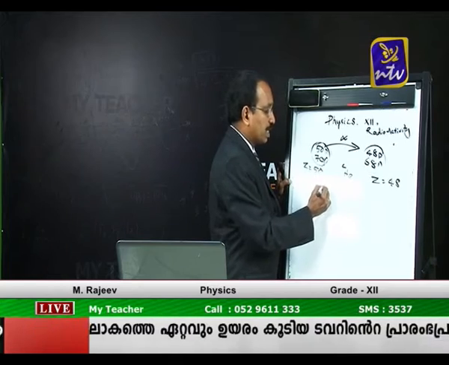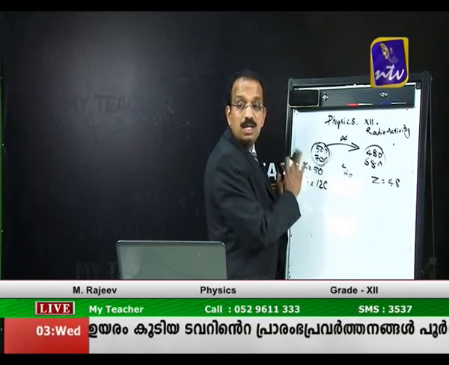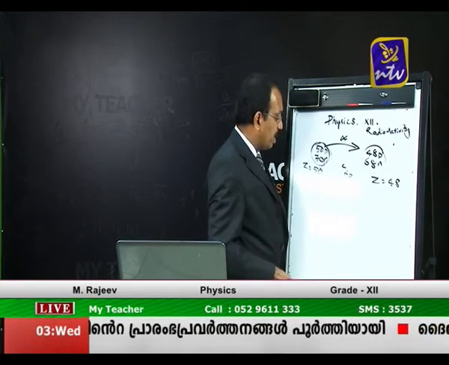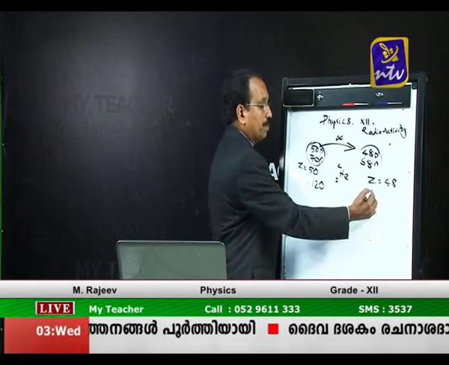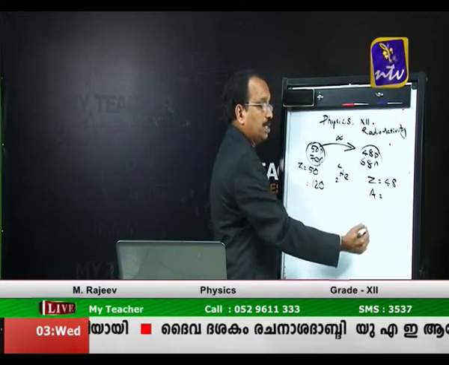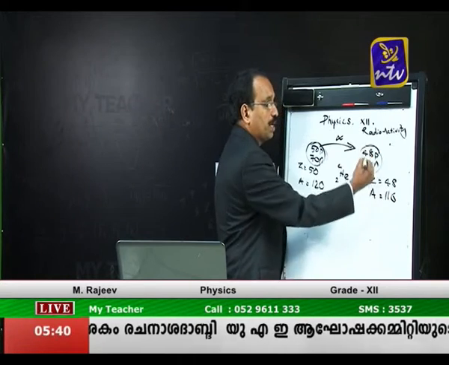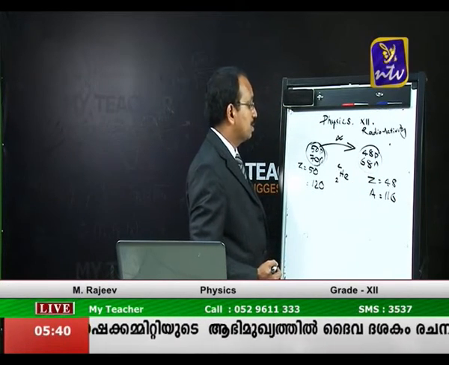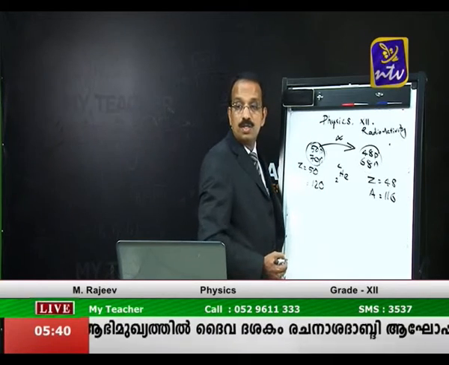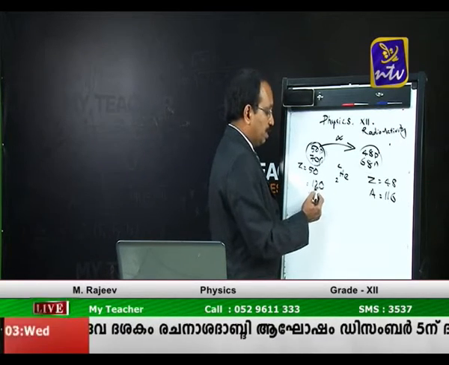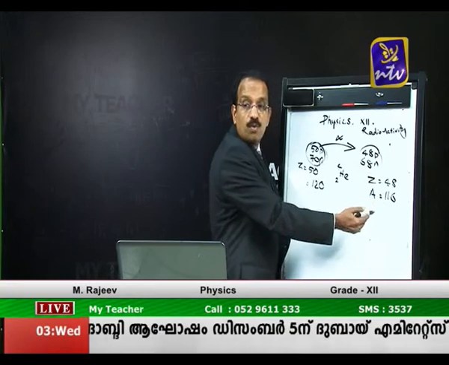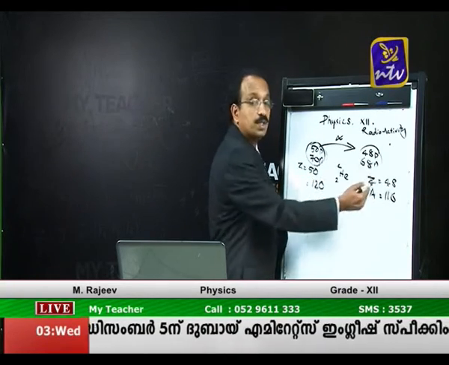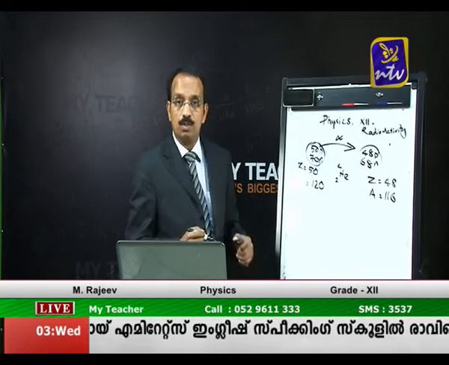So, it was 120. But here the mass number becomes 116 when you add these two. So, what we understand from this is the mass number decreases by 4, whereas atomic number decreases by 2. This is something which you have to conclude first.